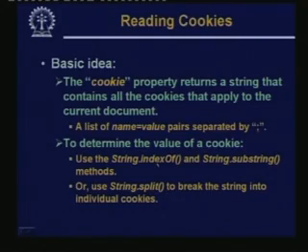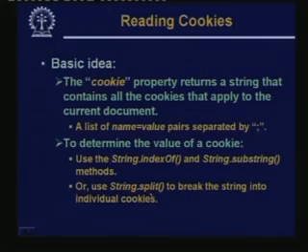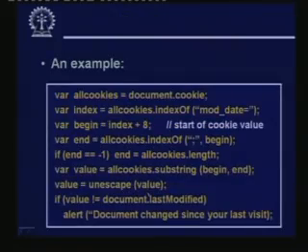See, indexOf is basically a method which searches for a particular substring within a string and returns the starting point of that substring in the string. And similarly split can break up a string into individual substrings, an array of substrings. Okay? We shall see this. Now, the example is like this.